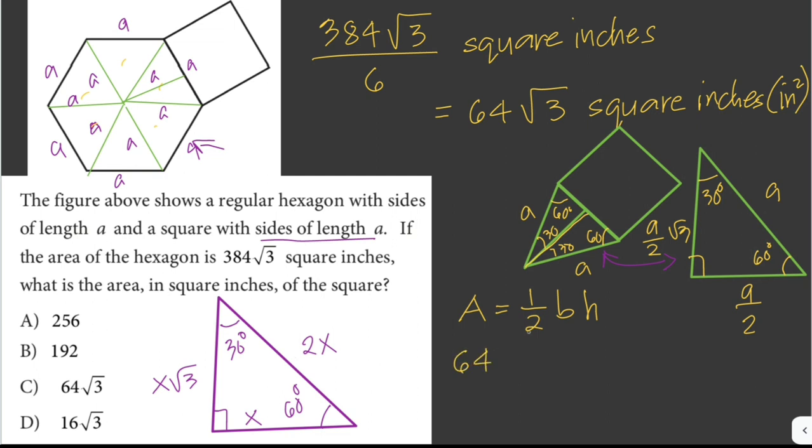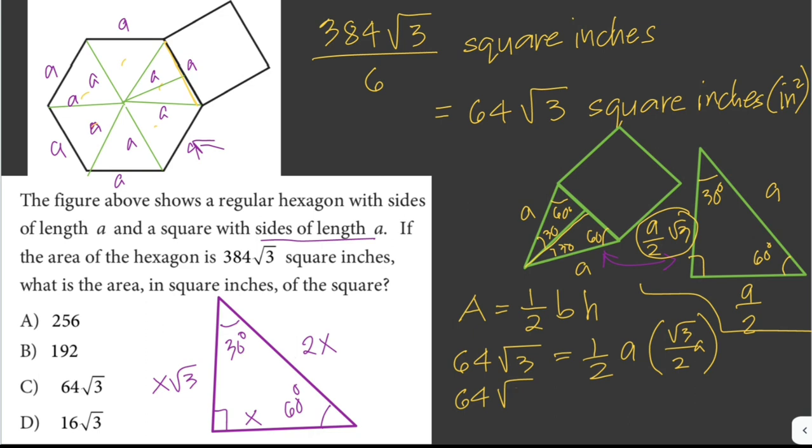The area for each equilateral triangle is 64 square root of 3 equals 1/2, and the base here is A. And height, we got the height, square root of 3 over 2 A. Then we simplify that. This is just 64 square root of 3 equals square root of 3 over 4 A squared.